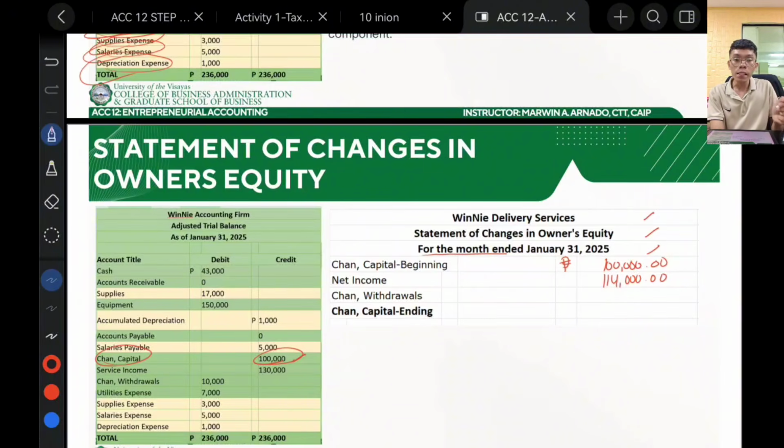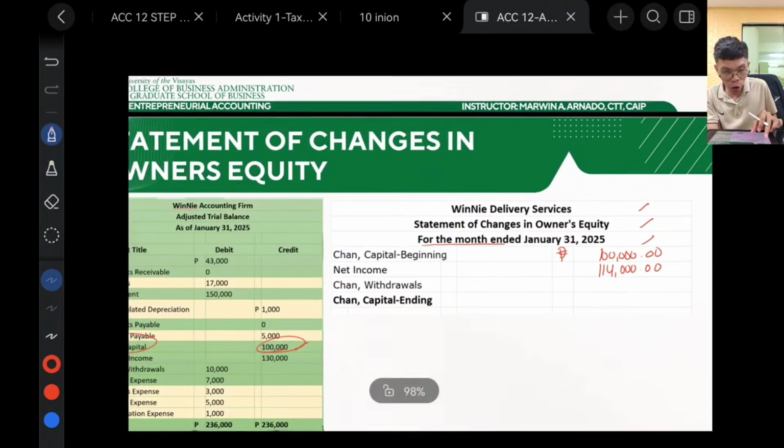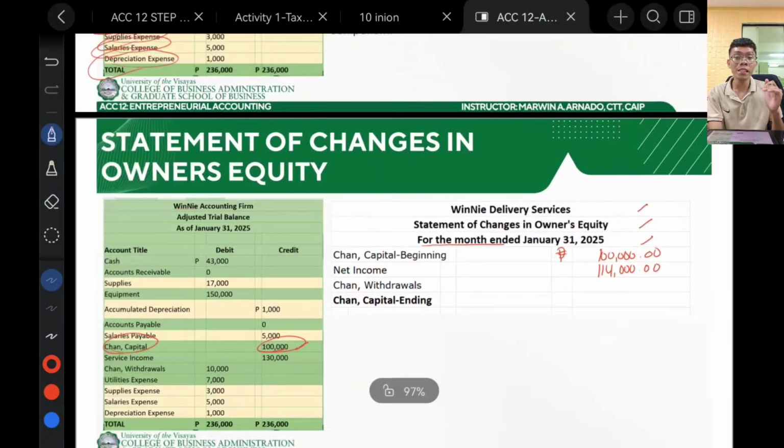Okay? Next is we have withdrawals. For withdrawals, class, this is a deduction. Because the withdrawals is a deduction to your equity, therefore we are going to deduct withdrawals. So withdrawals on the adjusted trial balance is 10,000, therefore we are going to deduct it by 10,000. Again, open and close parentheses to represent that it is a deduction.